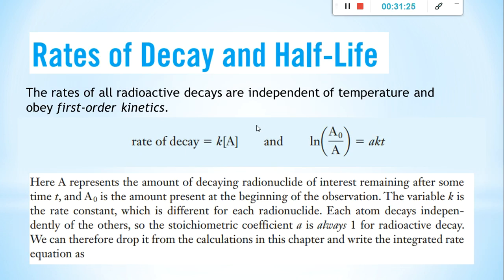So we will now move forward to the rates of decay and half-life. The rates of all radioactive decays are independent of temperature and they obey first order kinetics. So the equation is rate of decay is equal to the rate constant times the concentration of the species.